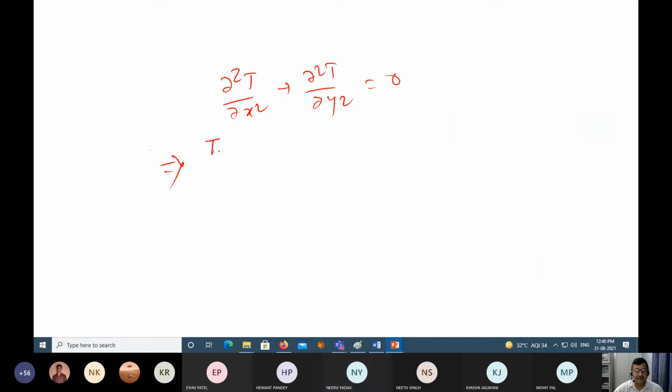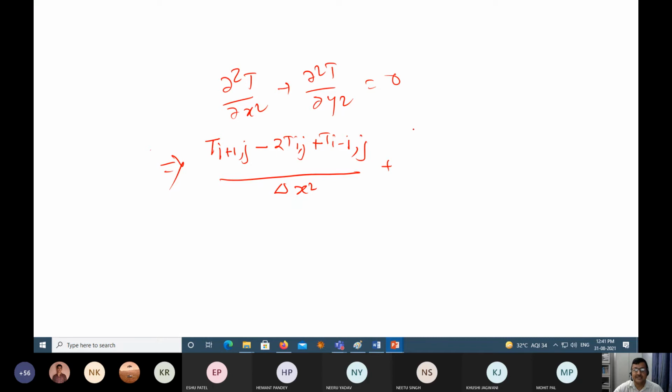T i plus 1 j, right? Minus, somebody prompt me, what can I write here? 2 tij, right? Then plus t i minus 1 j, divided by delta x square, right?